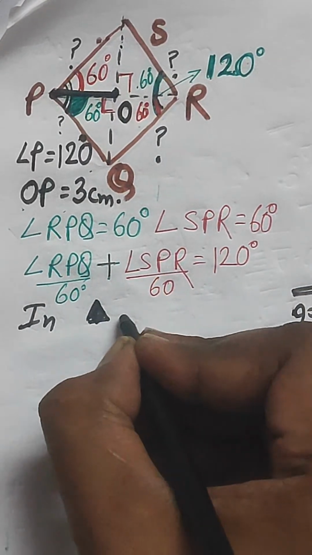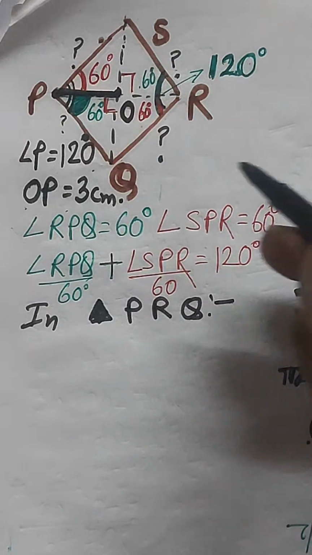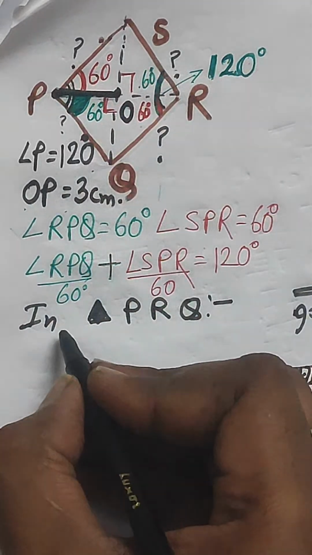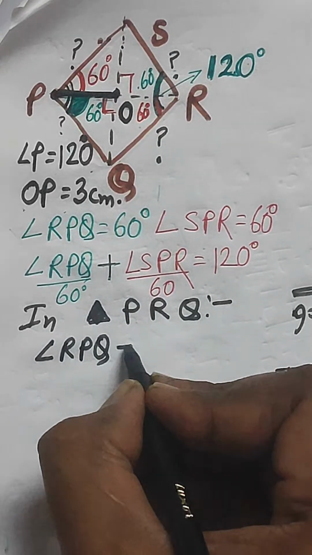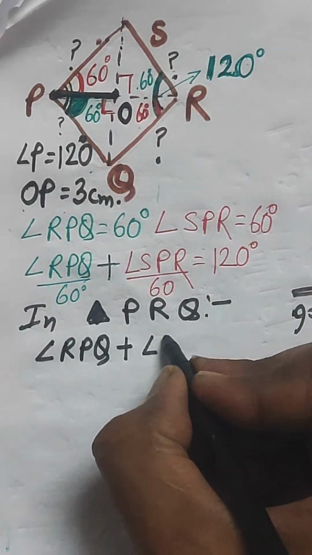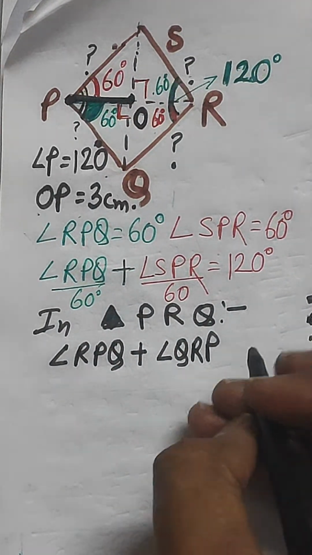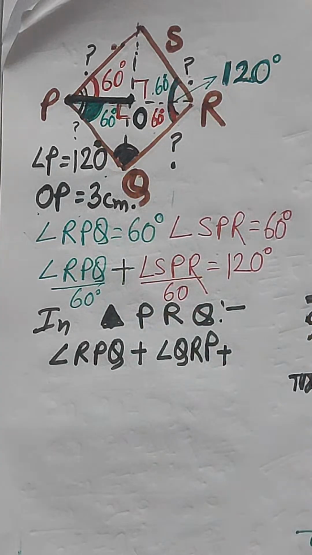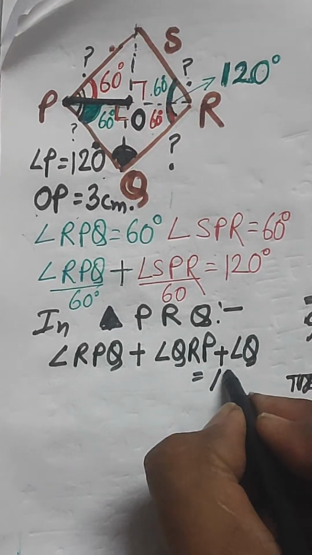In the triangle PRQ, angle RPQ plus angle QRP plus angle Q will add up and give you 180 degrees.